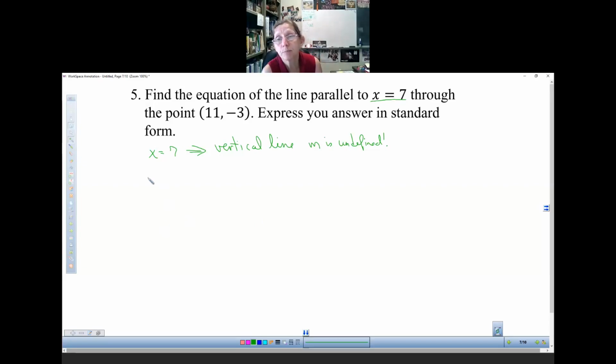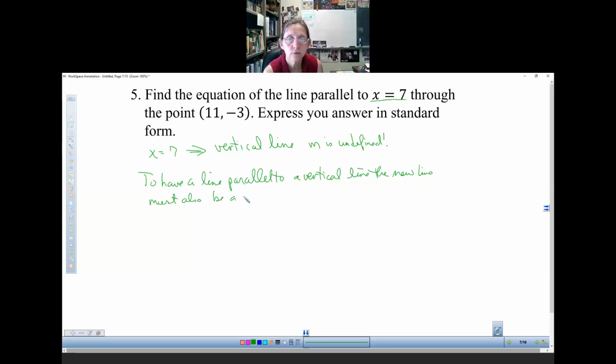So a line parallel to a vertical line, the new line, must also be a vertical line.